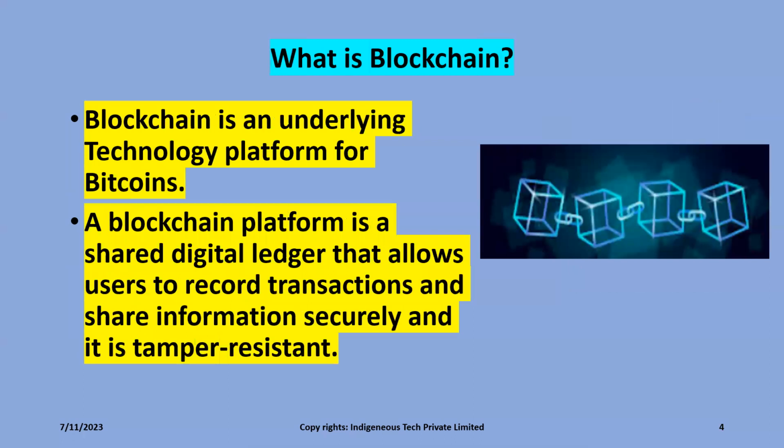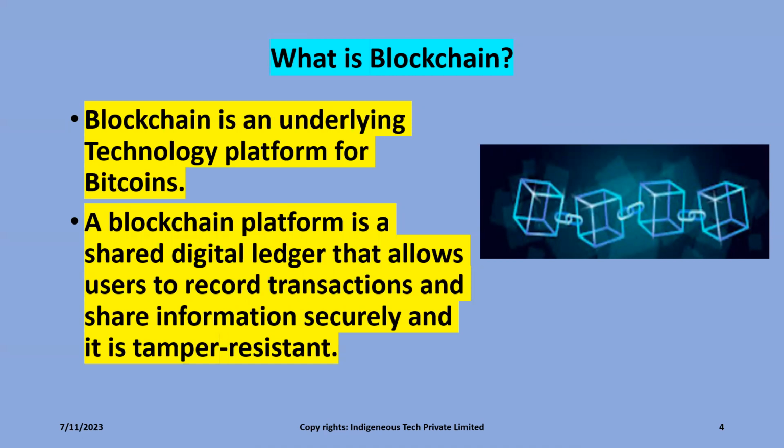Now, what is a blockchain? We have just learned about Bitcoins. Now, the platform which is required to create or generate and disperse and also track and approve the transactions of Bitcoins between two addresses, all these activities need to be done.